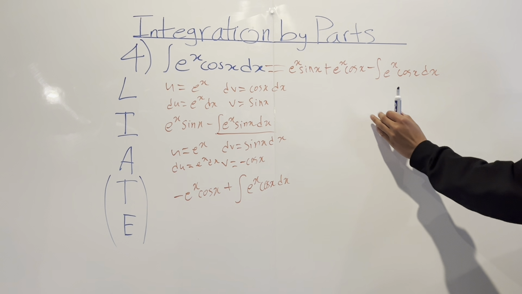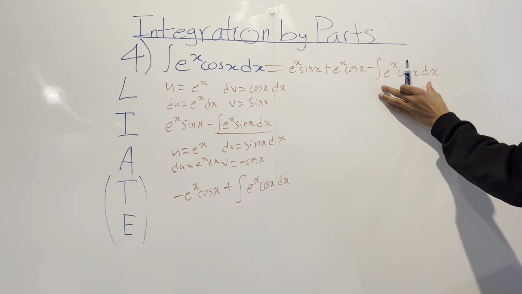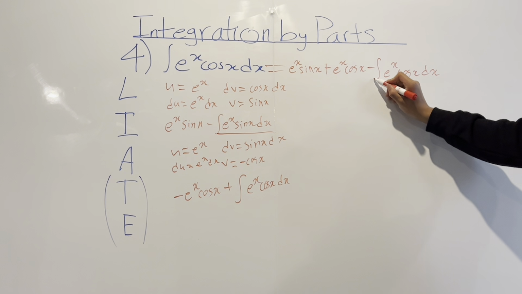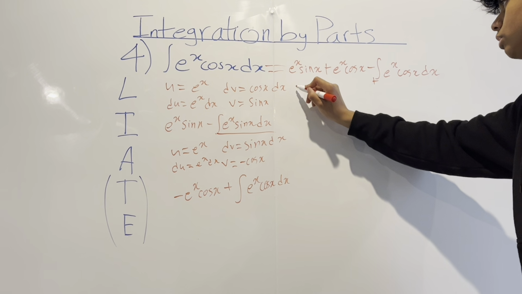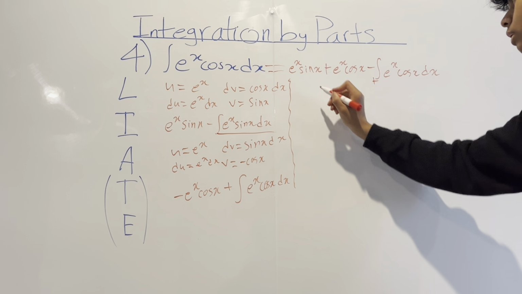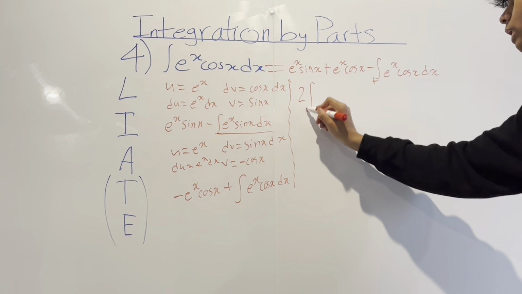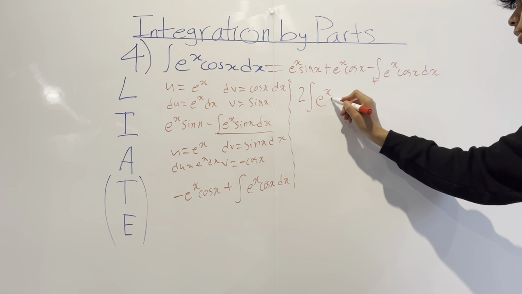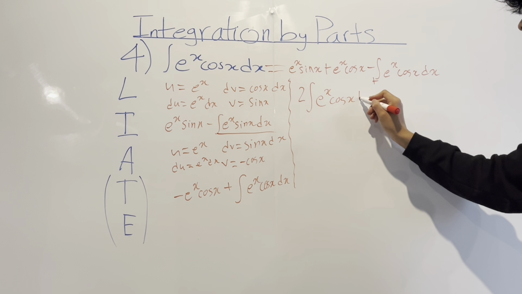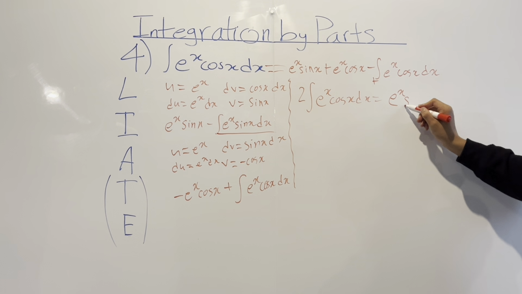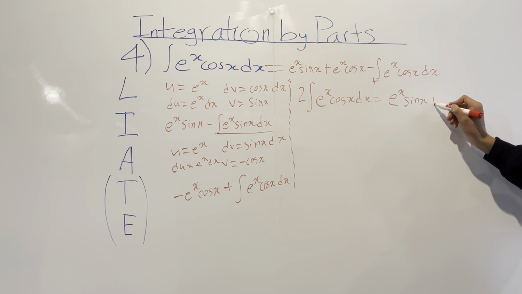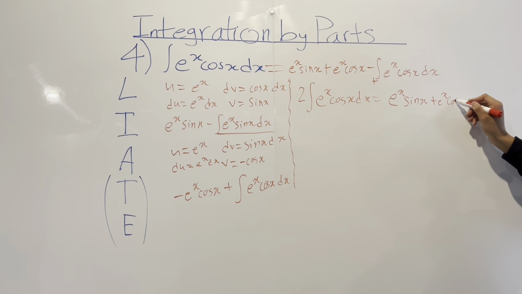Now, all we have to do is solve for this integral. So we're going to add this on both sides. So we're going to have, let's draw a line here, 2 times the integral of e to the x cosine x dx is equal to e to the x sine x plus e to the x cosine x.